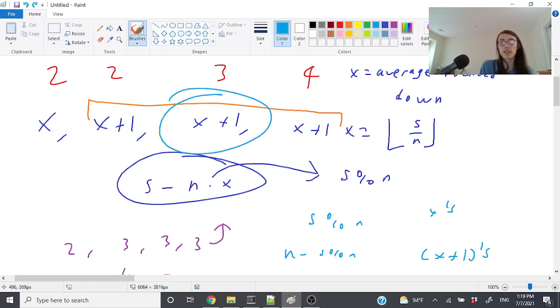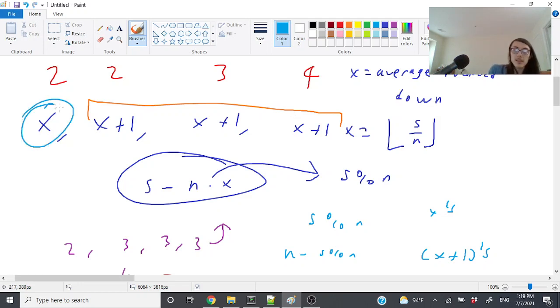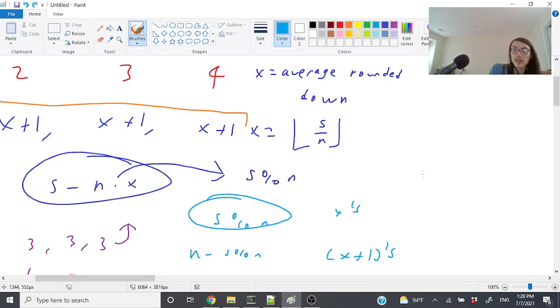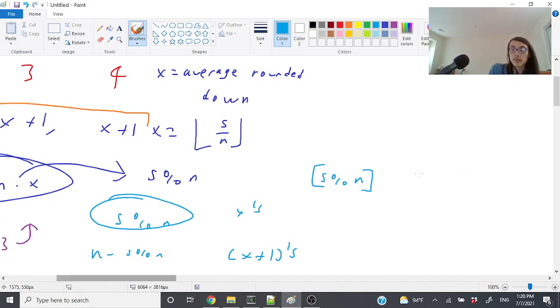And every x minus 1 has a contribution of 0 with every other x minus 1. And every x has a contribution of 1 with every x minus 1. So the answer is this times this. So the answer really is S mod n times n minus that. Which is kind of interesting.